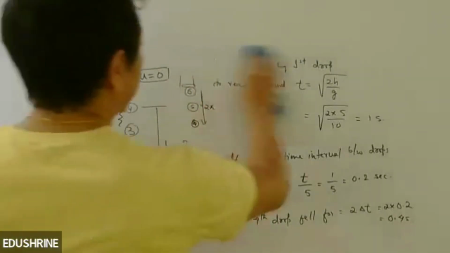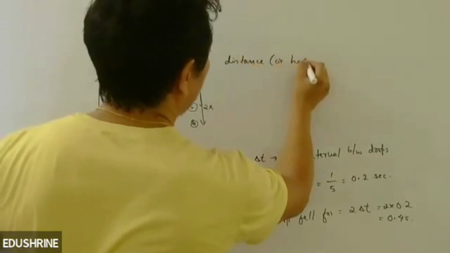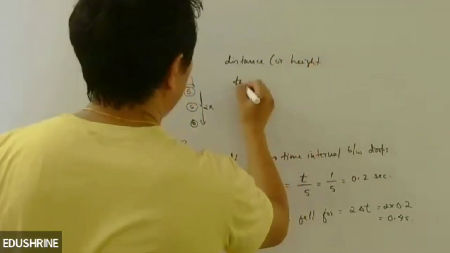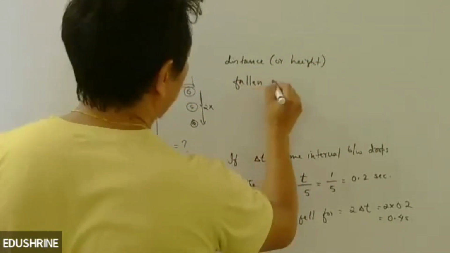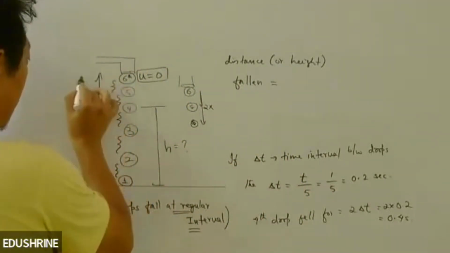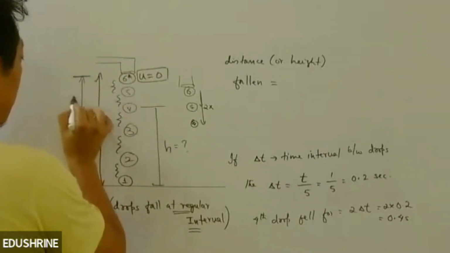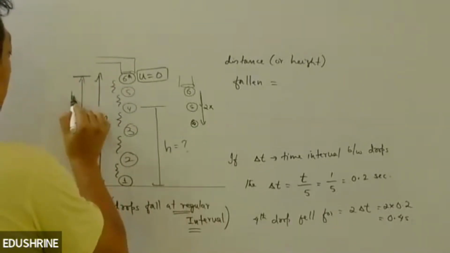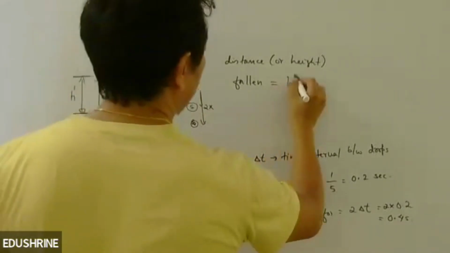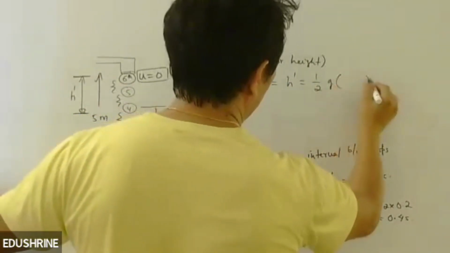How much height has it fallen? This height. Let us call this height h dash. Then h dash is half g t square.